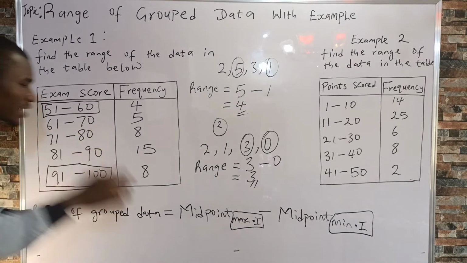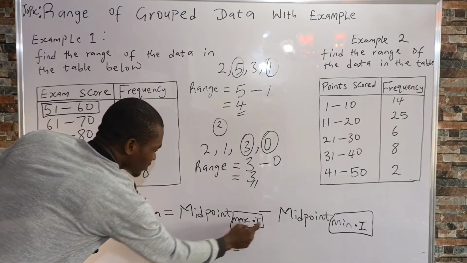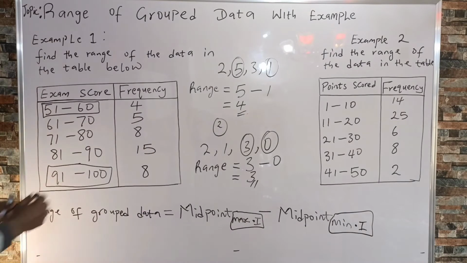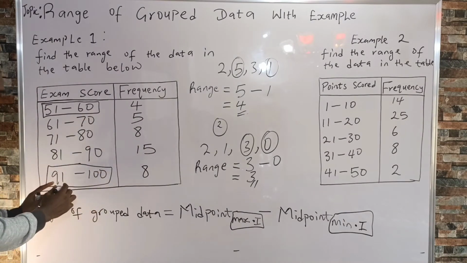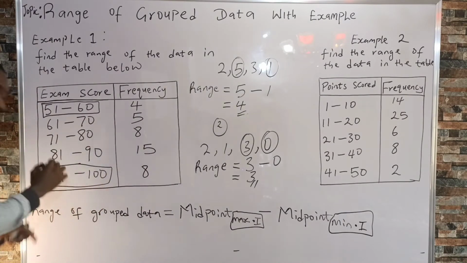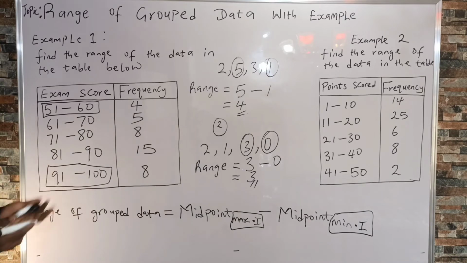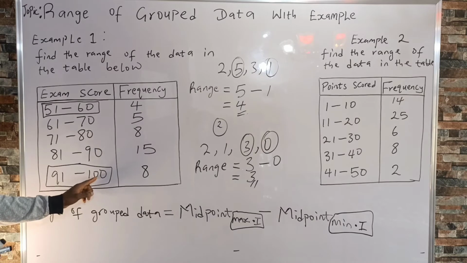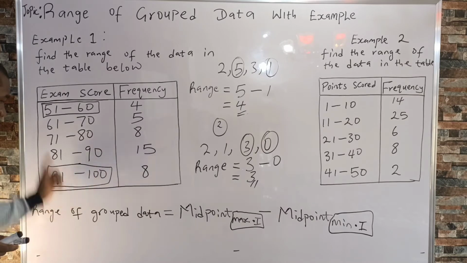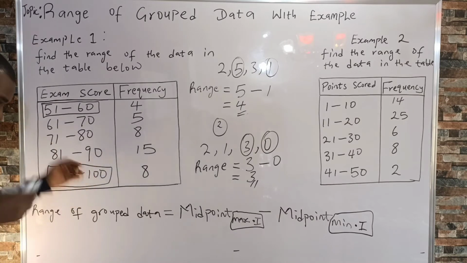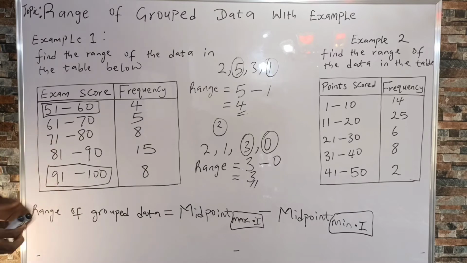So we want to find the midpoint of the maximum interval. Since we already know that this is the maximum interval, what is the midpoint of this maximum interval? Remember how to find the midpoint of a given interval? Just add the two ends, saying 91 plus 100, then divide it by 2. Very simple, right?